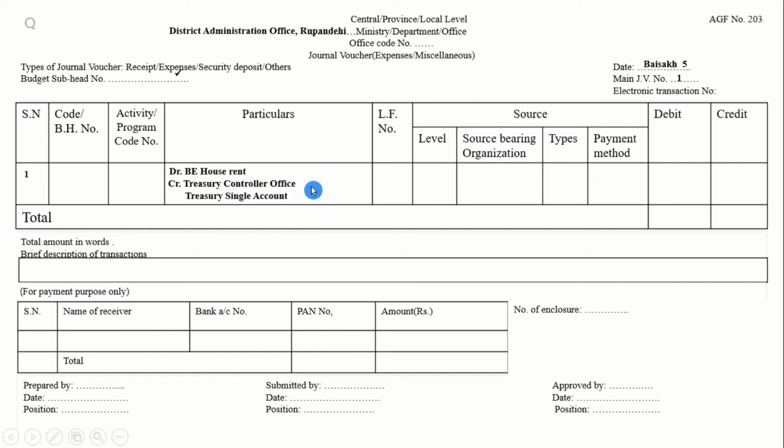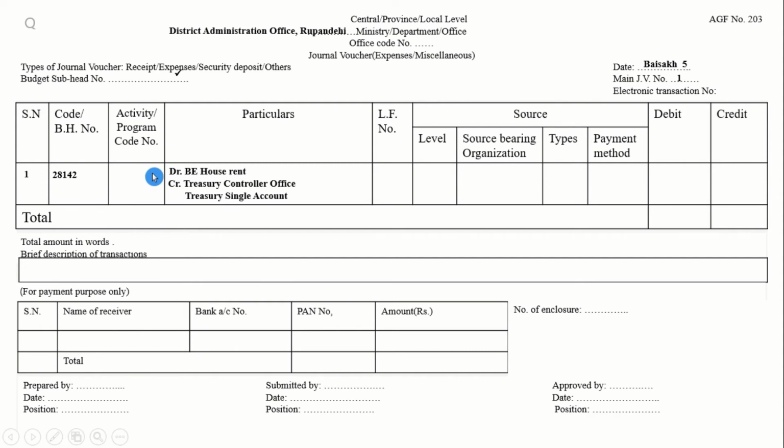Before, it was credited by the name of Nepal Rastra Bank. Now moving to code or BH number, you have to write the BH number for house rent. As we all know, a specific code number is assigned for different heads of expenditure incurred in a government office. So you have to write the BH number here of house rent, that is 28142.